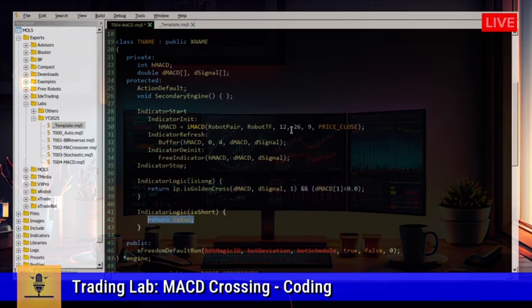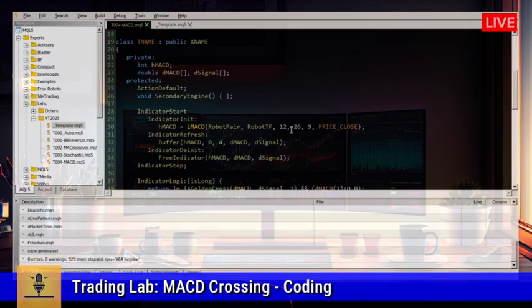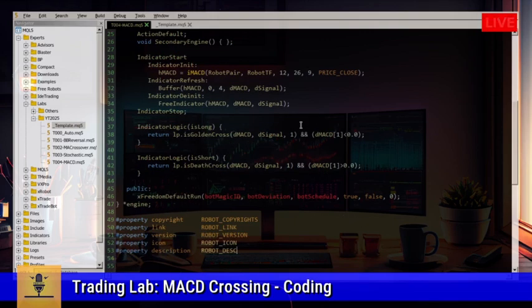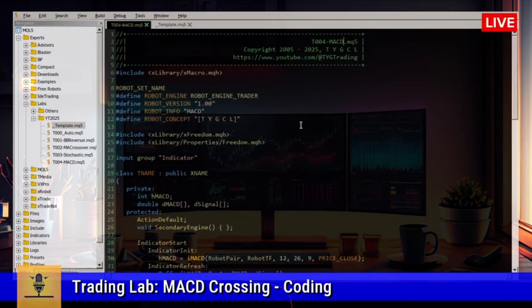Okay, we will go short when there is a death cross above zero. Okay, now the code has been done. I only need less than 5 minutes to prepare everything.